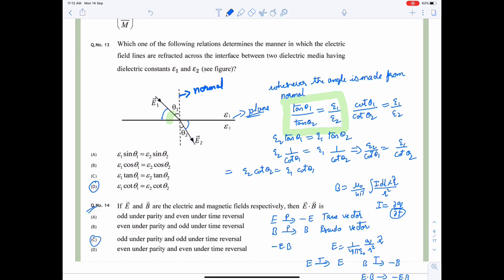Don't confuse this formula with the earlier one. We have to match the answer with the given options, so we changed tan theta to cot theta. But if the angle is made from the plane, from the surface, then the formula is cot theta 1 by cot theta 2 is equal to epsilon 1 by epsilon 2. We have to take care of this.